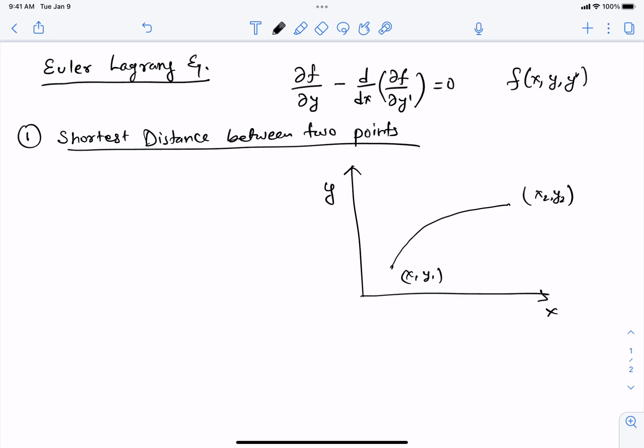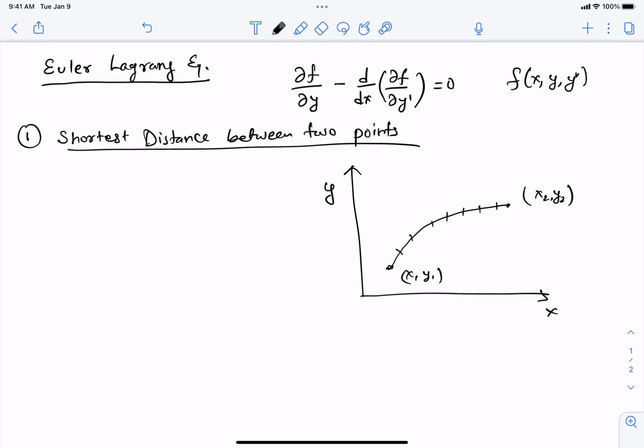Typically, if you want to calculate the distance between any two points, we can divide the whole path into smaller lengths. Then we take the measurement of each one of these lengths, and then we add them up, and then we find which is the curve for which this length is the minimum.